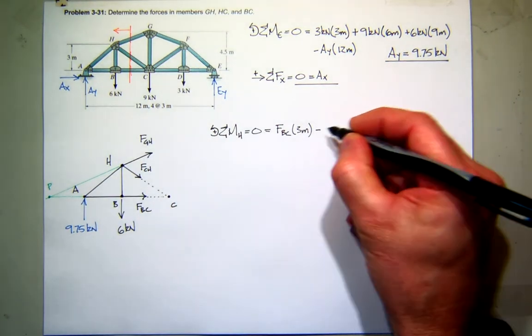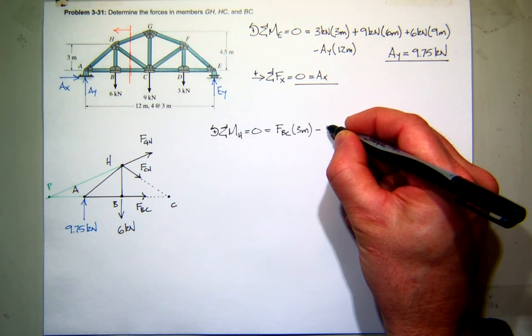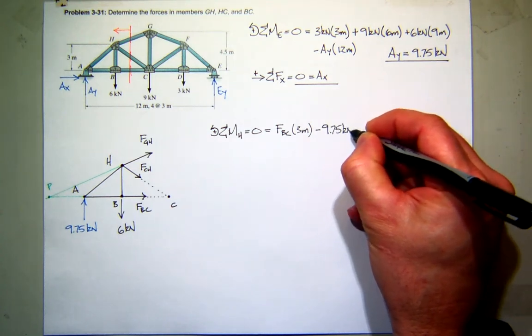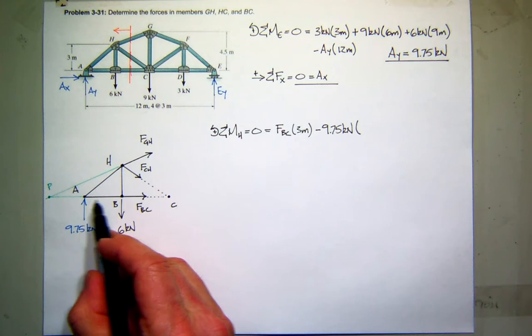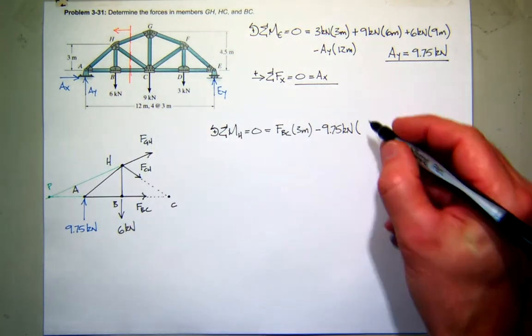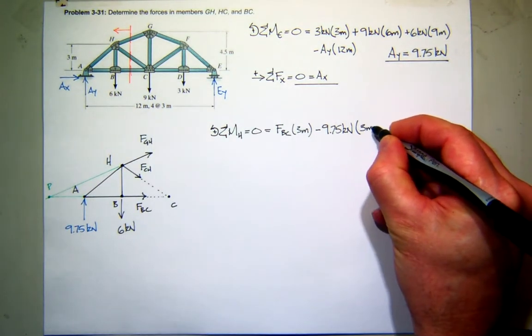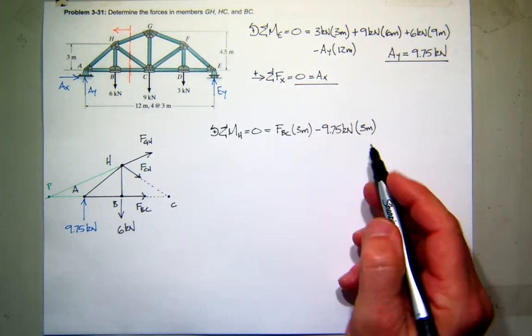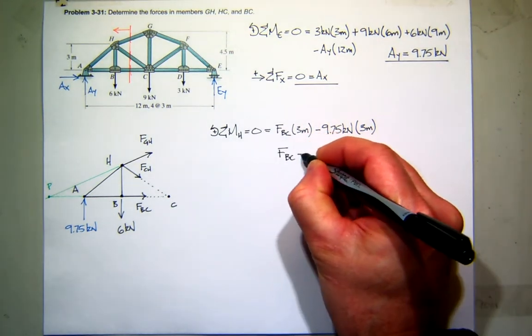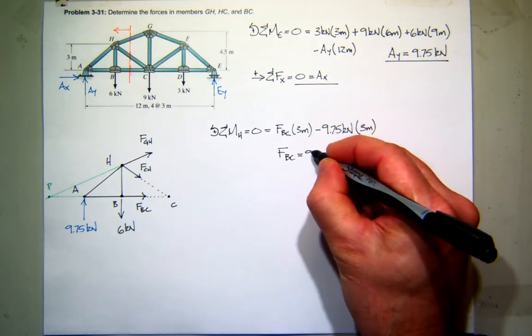So I'll have minus for the moment, and the force is 9.75 kilonewtons. And then whatever this distance is, which is one of the bay distances, which happens to be also 3. So that's an easy equation to solve for. It looks like FBC is equal to 9.75.